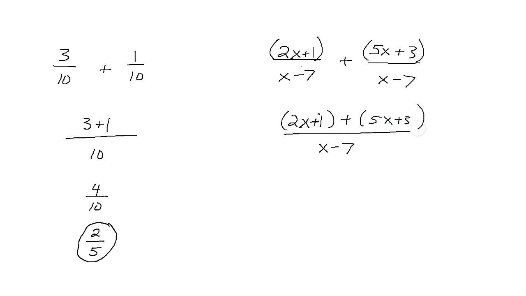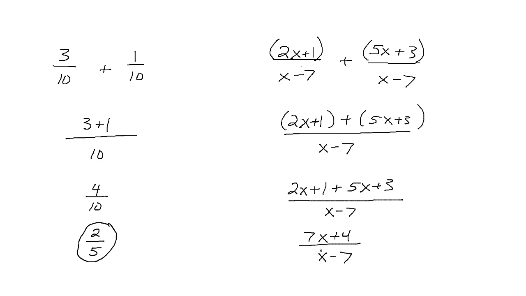Now we know that when we add polynomials, these parentheses don't affect how we combine our like terms. So if I have 2x plus 1 plus 5x plus 3 over my common denominator of x minus 7, I'm going to clean up the top, and I get 7x plus 4, and I still have it over my common denominator.